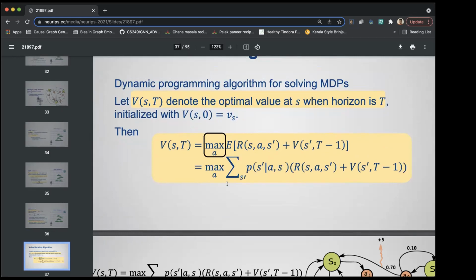For solving MDPs, we can write this as a dynamic programming algorithm. Let V(s,t) denote the optimal value at s when the horizon is t.